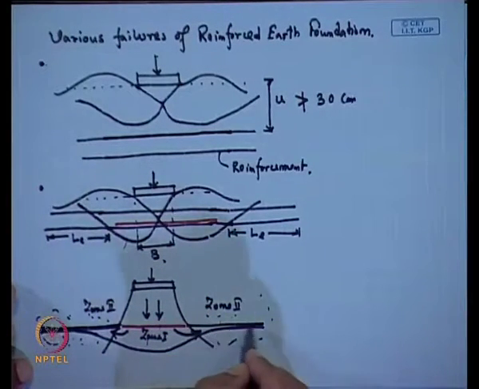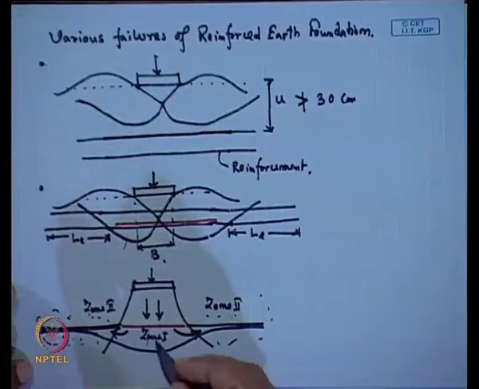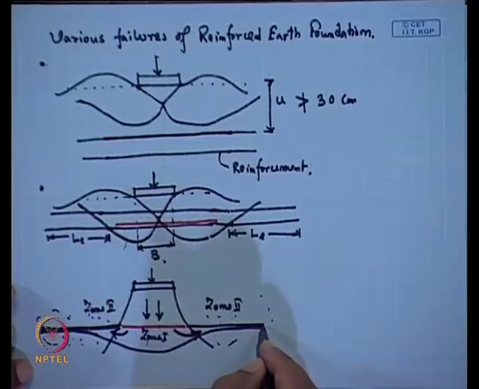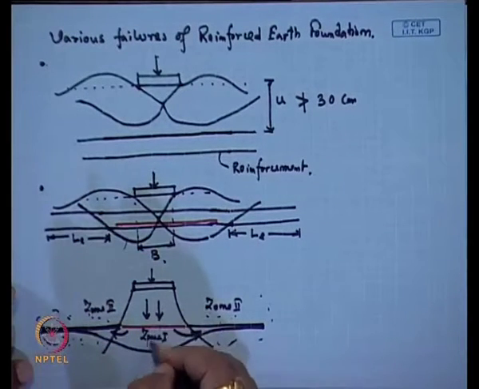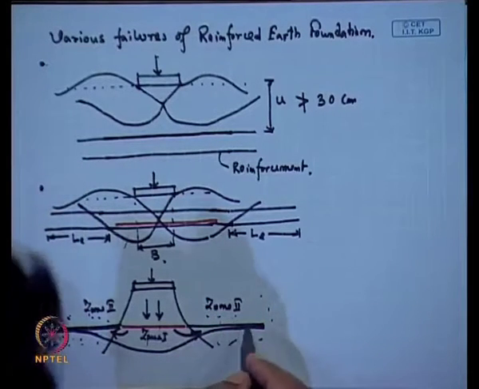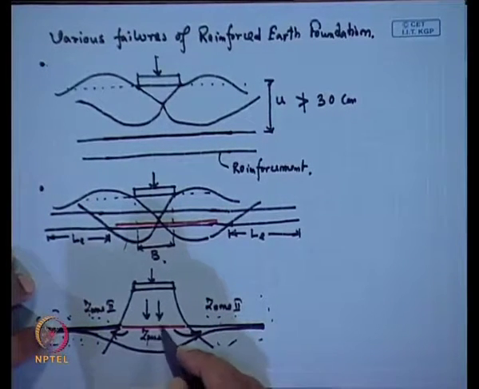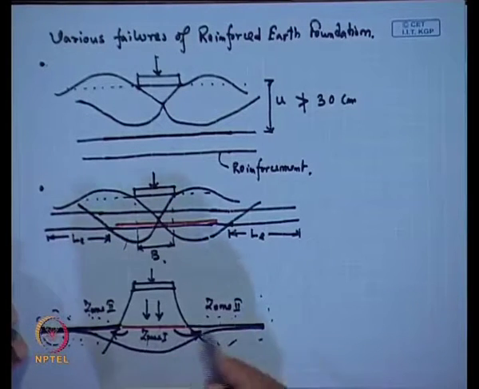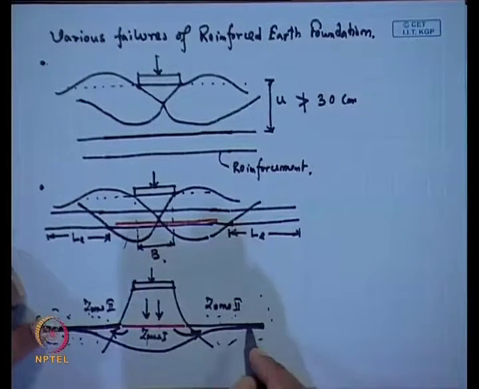Now this reinforcement will not move along with the soil movement. The soil is holding this reinforcement on both sides and the soil is moving downward, so there will not be any movement of the reinforcement along the soil.